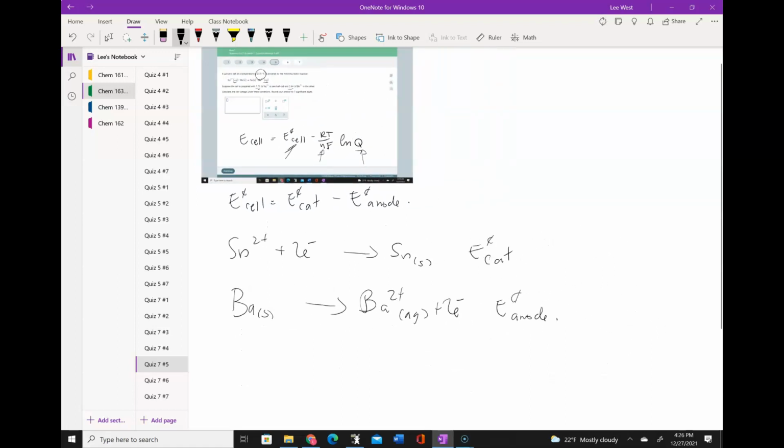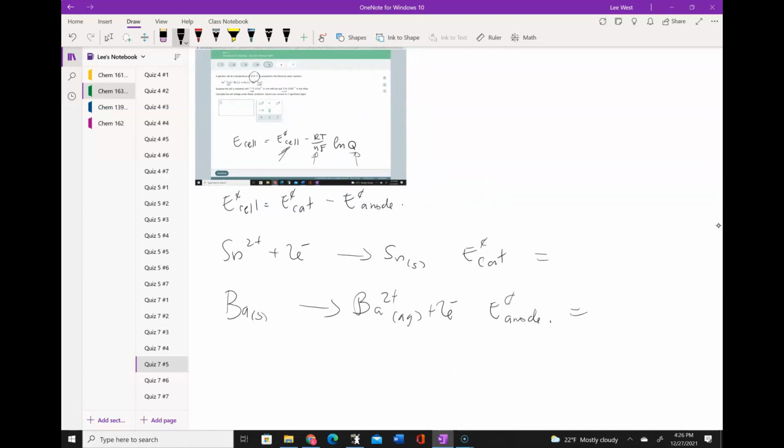So we will look those things up. Now remember, for our anode we actually look up the reverse reaction, but we don't change the sign of the standard reduction potential. We've kind of answered a question here: how many electrons are being transferred? Well, there's only 1 tin in every case and 1 barium in the balanced equation, so N is just going to be 2. So there's another piece of the puzzle.